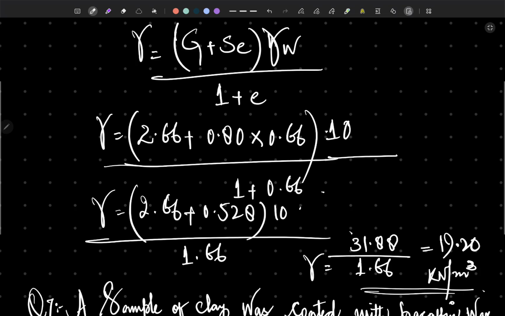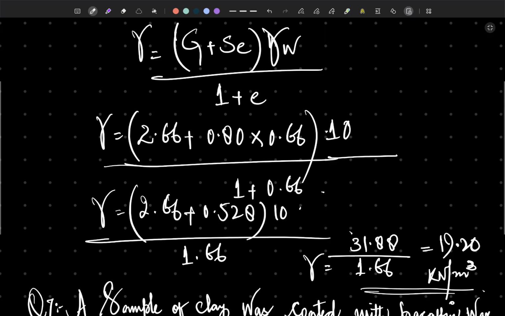This is how we arrived at each and every parameter the question demanded. So the bulk unit weight is 19.20 kilonewton per cubic meter at 80% saturation but at the same void ratio of 0.66, which was at full saturation.